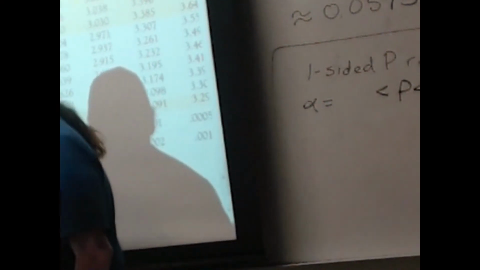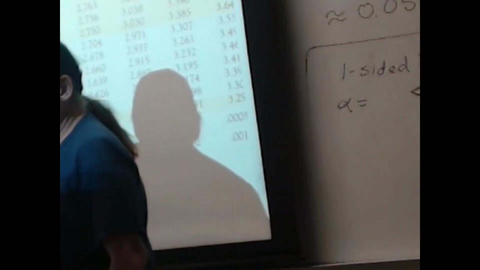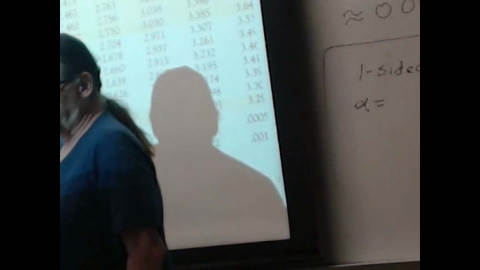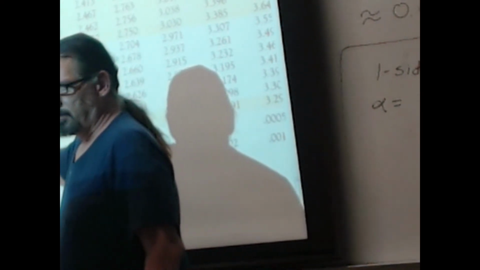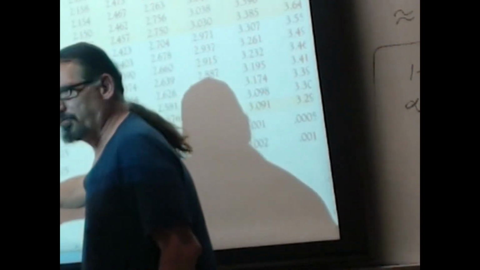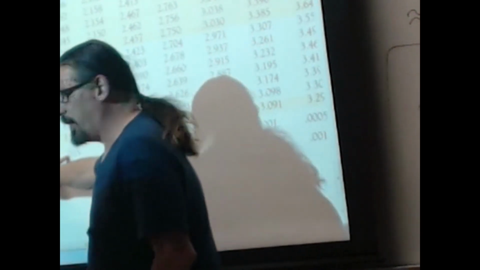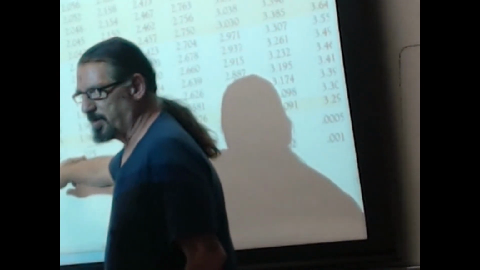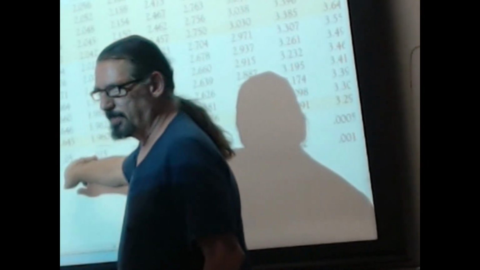Well, we already have what's in the Z star row, what's closest to 1.886, right? Even that didn't change. Subtract down not to the 0.05 and 0.10 from two-sided P, but just go to the one-sided P. What values are we getting here?